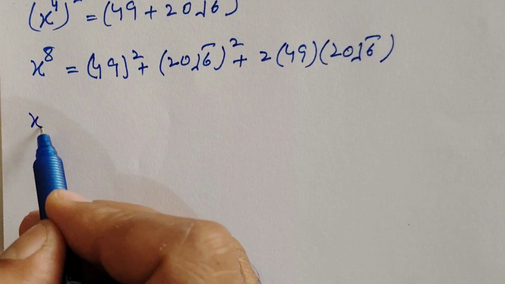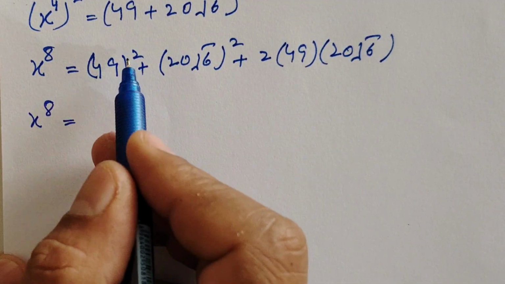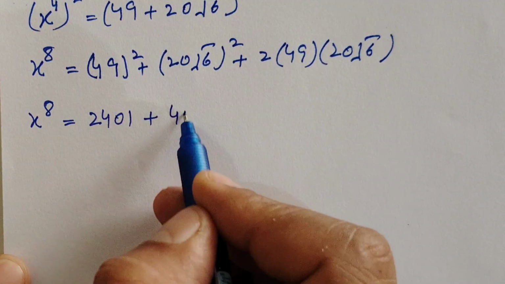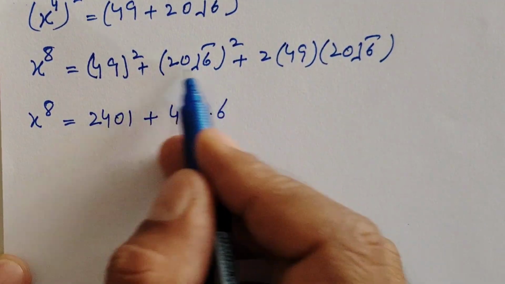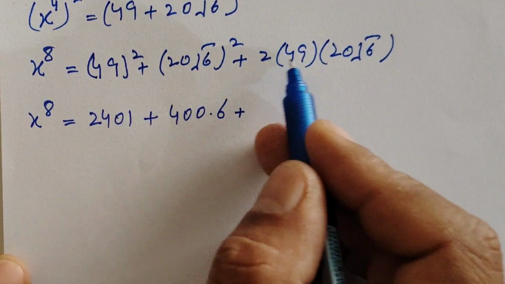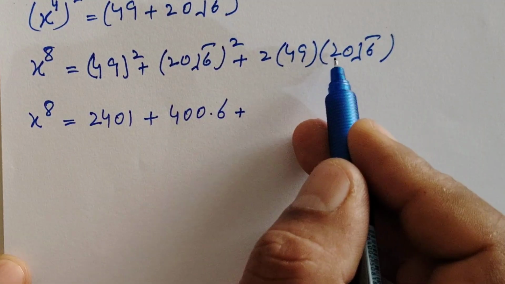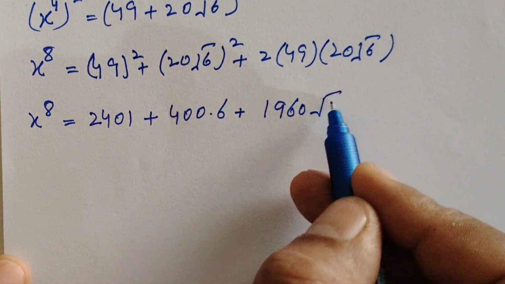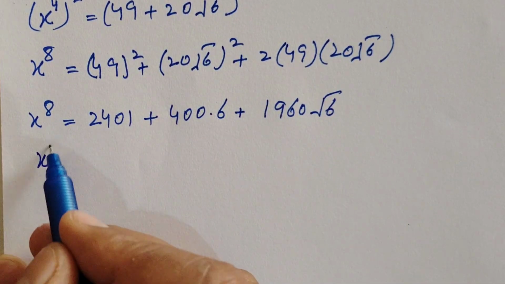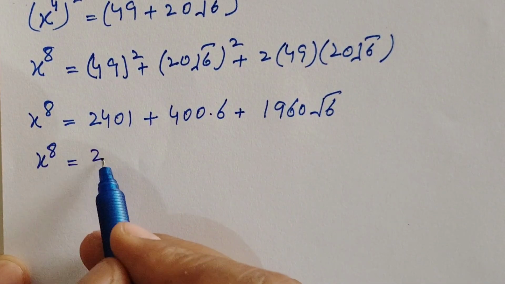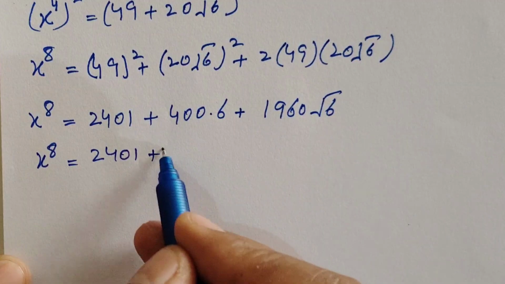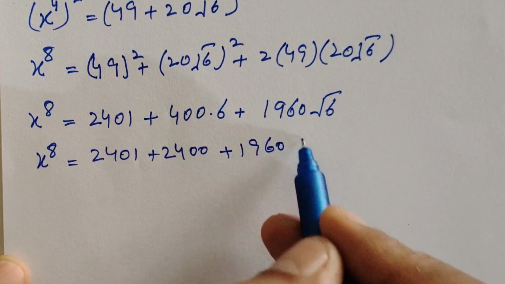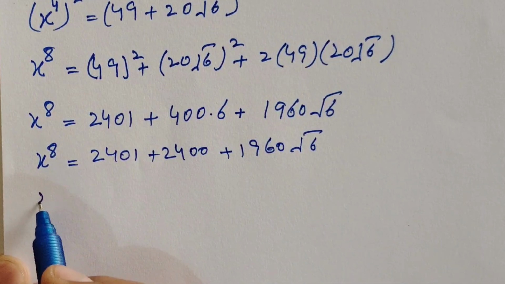Now x power 8, 49 square is equal to 2401 plus 400 into 6, plus we multiply this and get the answer 1960 square root of 6. X power 8 is equal to 2401 plus 2400 plus 1960 square root of 6.